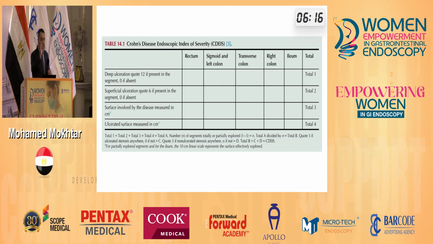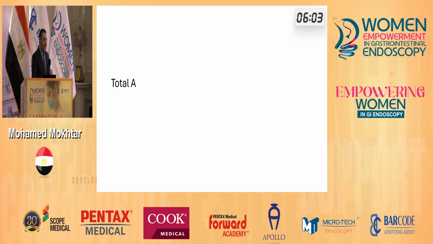We describe and record the marks for each colonic segment examined, and this gives us a total number, which we call total A. The scoring does not end here. We take the total A number and divide it by the number of segments examined, so A divided by N gives total B.